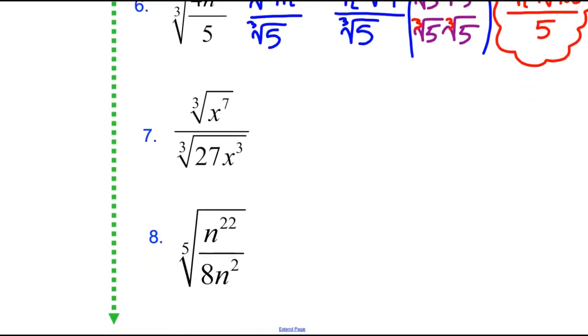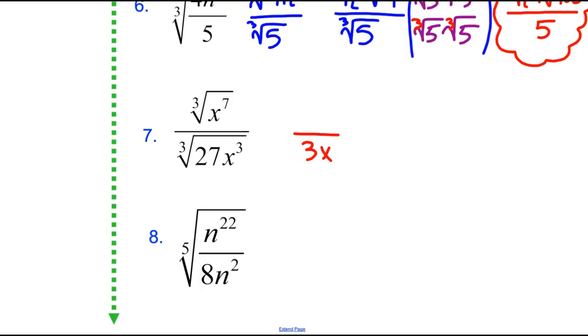Okay, these are getting kind of crazy over here. I guess number 7's not bad because the denominator is a perfect cube. So it ends up just being 3x, right? Because 27's a perfect cube and x cubed's a perfect cube. So that becomes 3x.